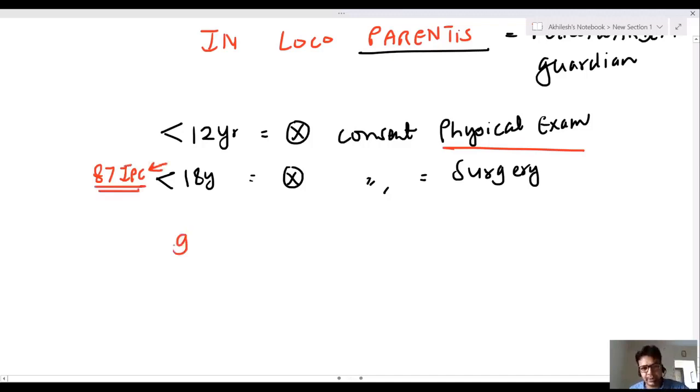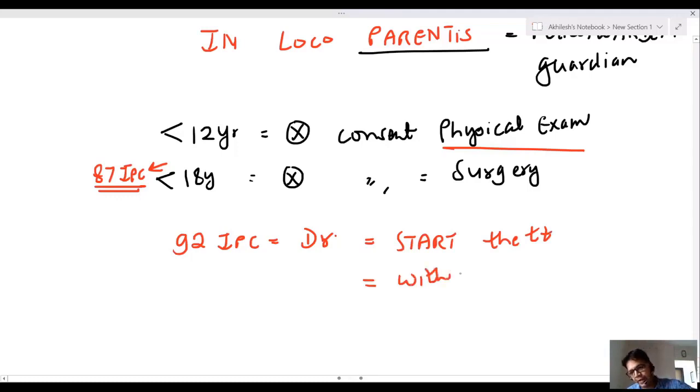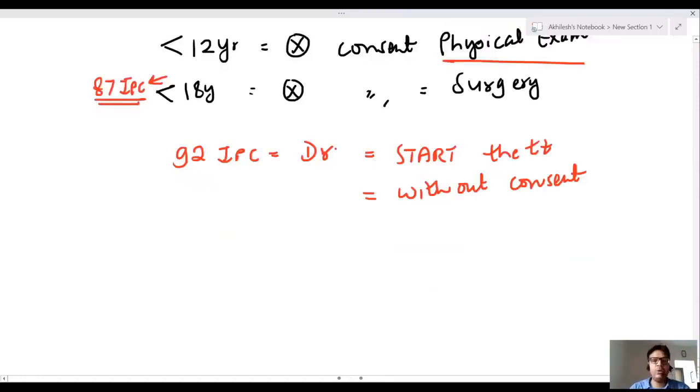What is 92 IPC? Sir, a doctor can start the treatment without consent. That is the protection of a doctor, who can start the treatment without consent. But sir, this should be life threatening, like a road traffic accident.